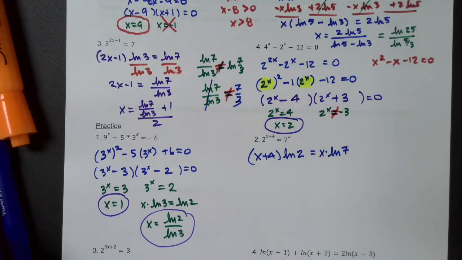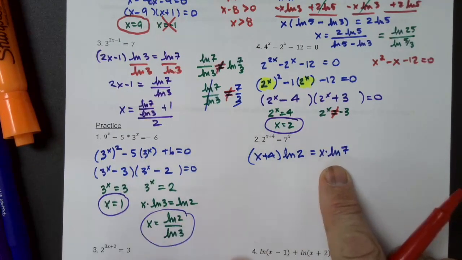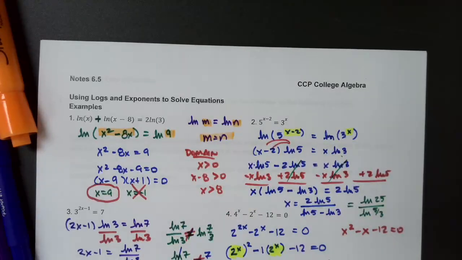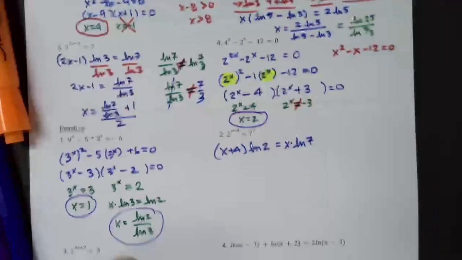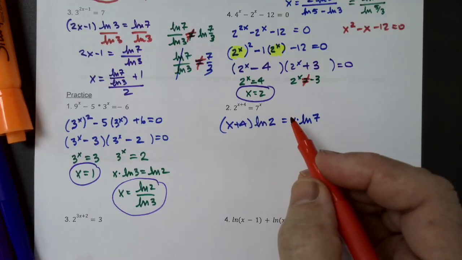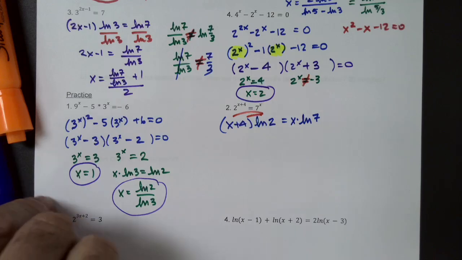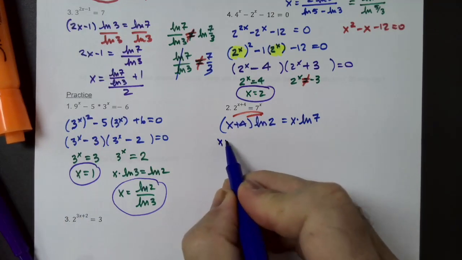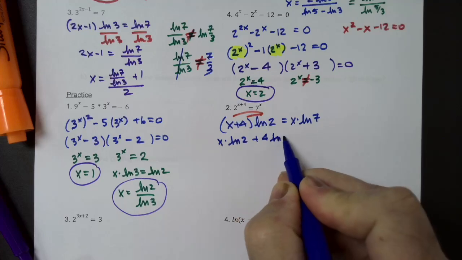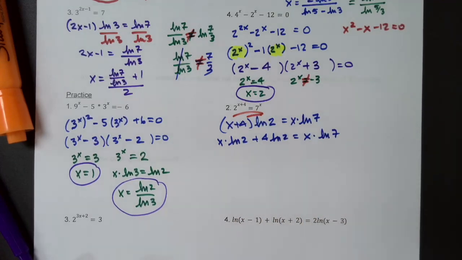All right, I think we need to do some distributing on this one, because this one was similar to example number 2 up above, where we have x's on both sides, so we want to distribute and then move our x's. Okay. So this will give us x times the natural log of 2 plus 4 times the natural log of 2 equals x times the natural log of 7.